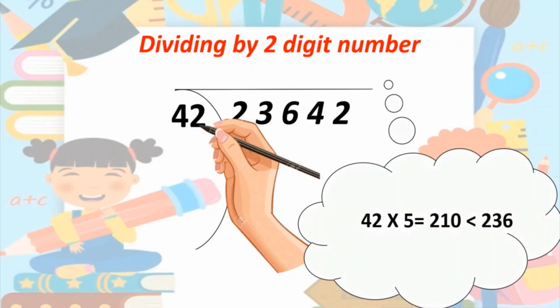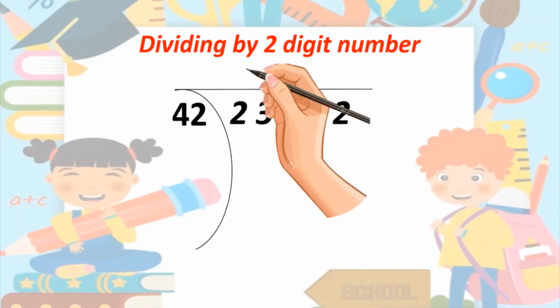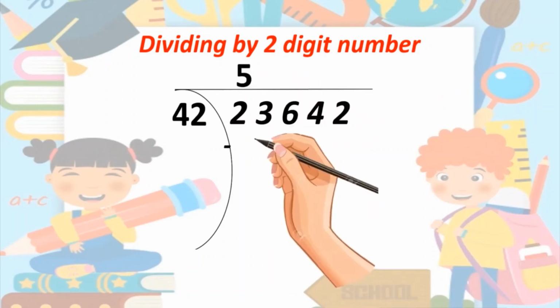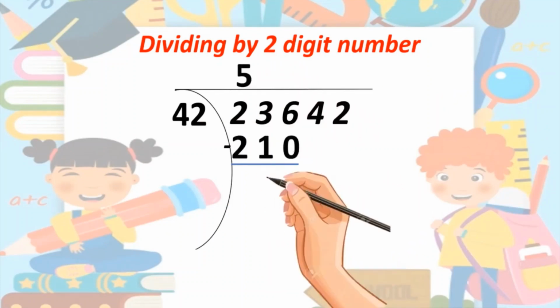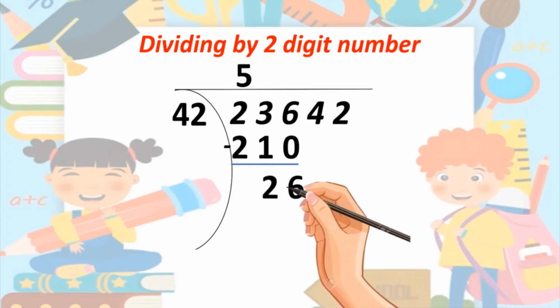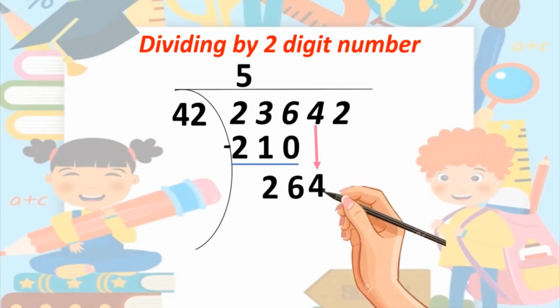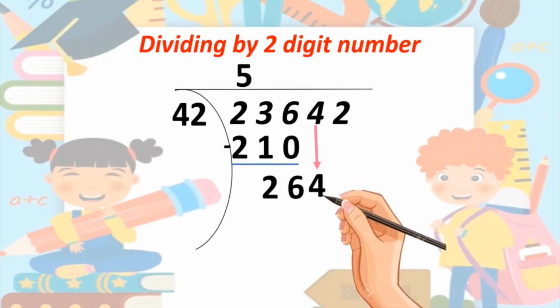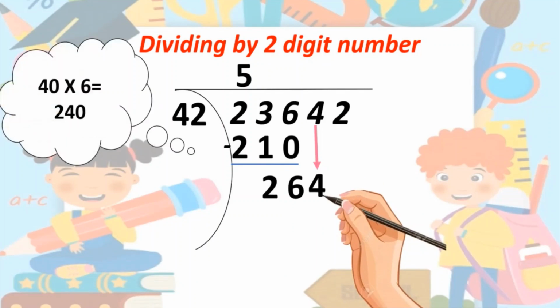So we can write 5, 210, and the remainder that we get is 26. Now we bring down the next digit and write it as 264. Now again 40 times 6 is 240, which is less than 264.